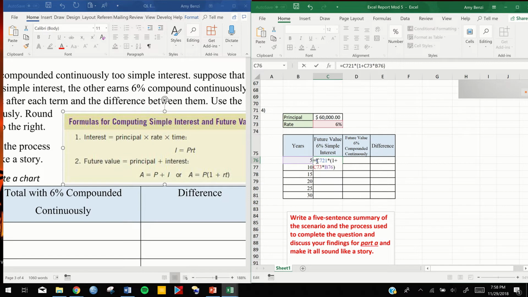Everything looks good. Just don't forget that I do need to put in my dollar signs to lock these cells. I want to lock in C72 and C73 because I don't want those to drag. Hopefully you guys know what I'm talking about. If you don't, then go back and do the other Excels.